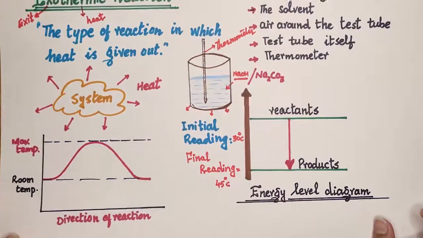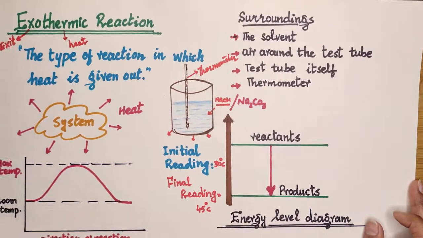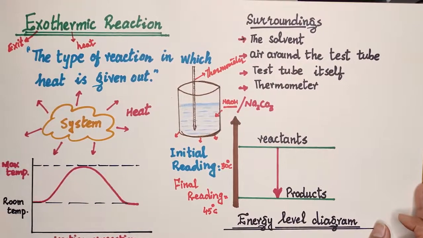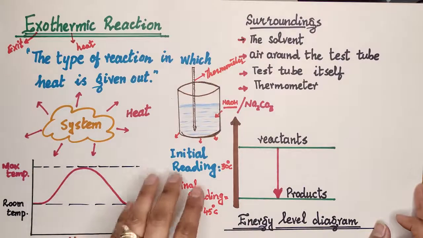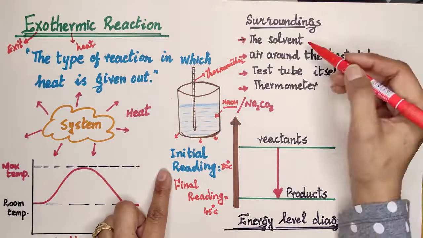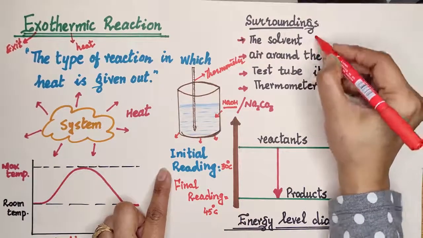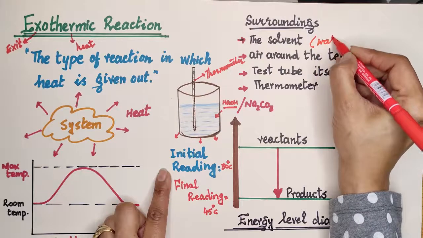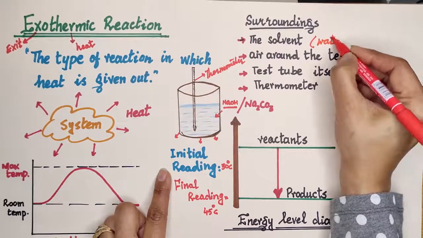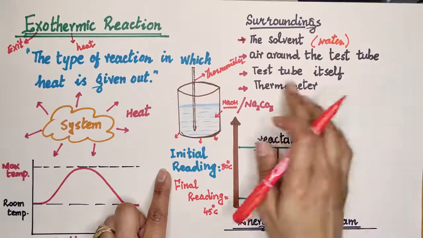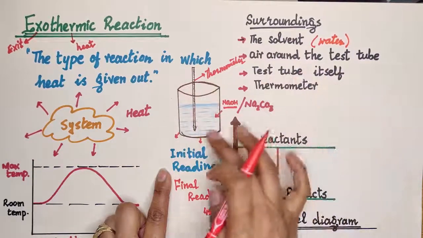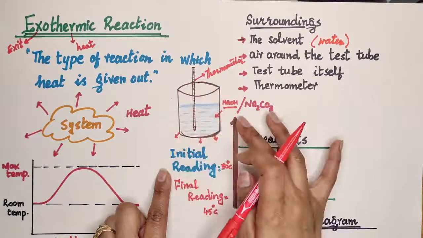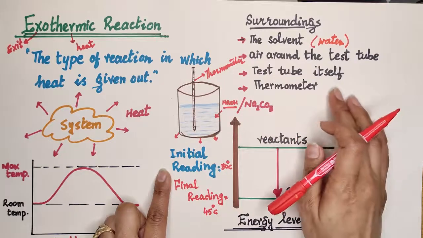What is the meaning of surrounding? Heat is released or given out to the surrounding. So the surrounding is our solvent. If we take water especially, then the solvent, the water, is our surrounding. Air around the test tube or around the beaker is the surrounding.